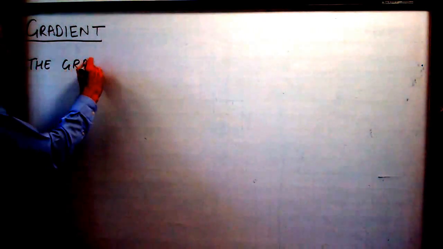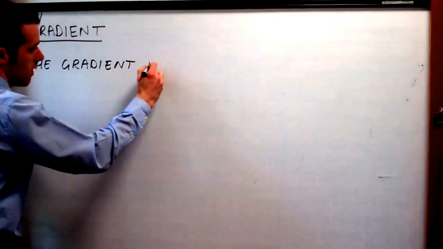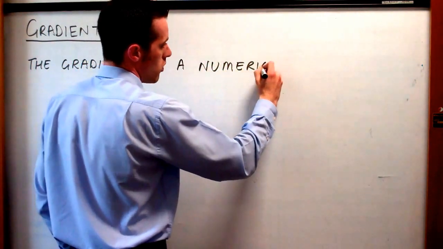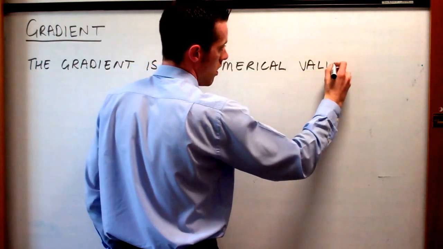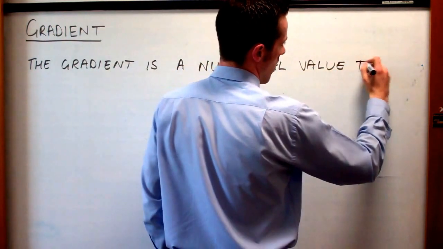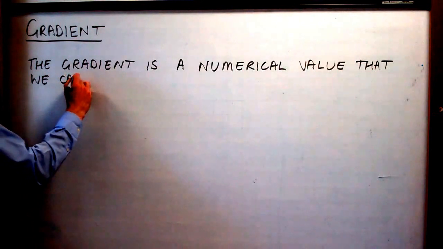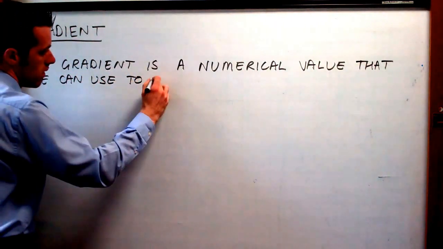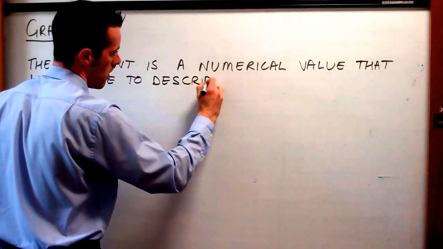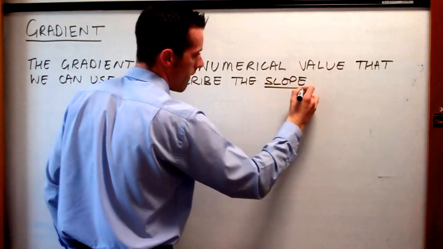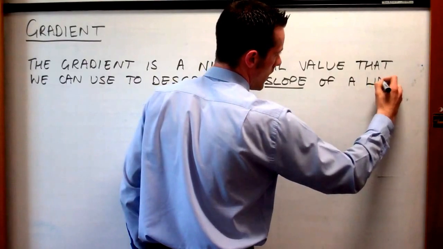The gradient, simply put, is a numerical value, so a number, that we can use to describe the slope of a line.